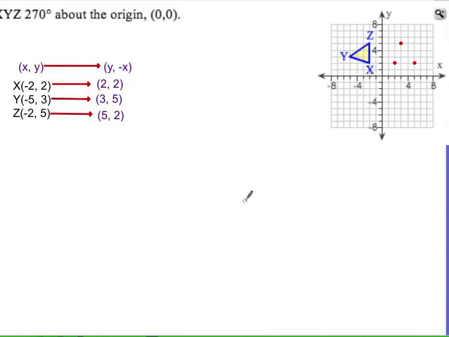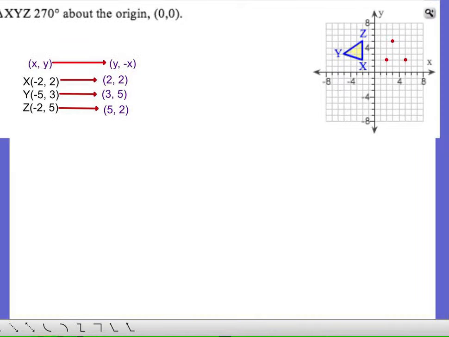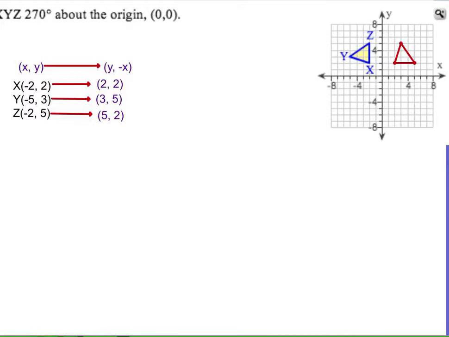And then we draw our lines. And that looks perfect.